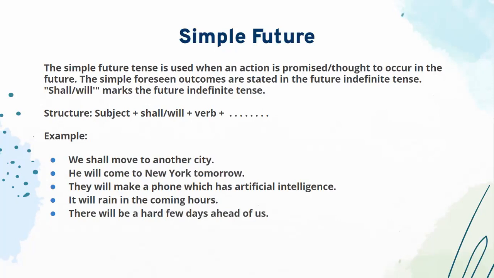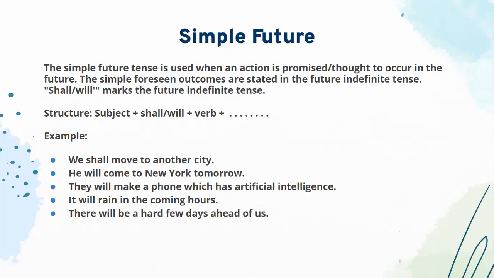Simple future. The simple future tense is used when an action is promised or thought to occur in the future.